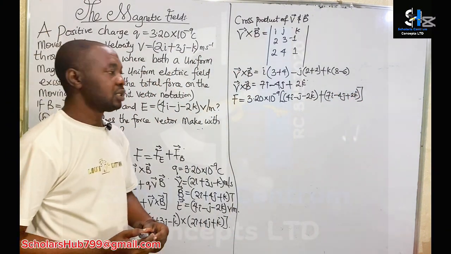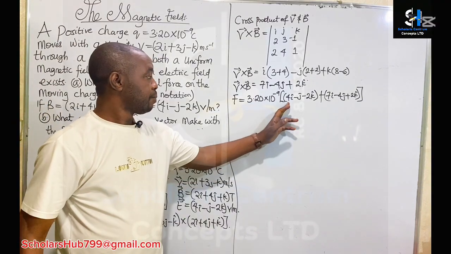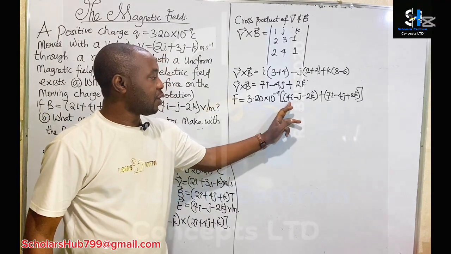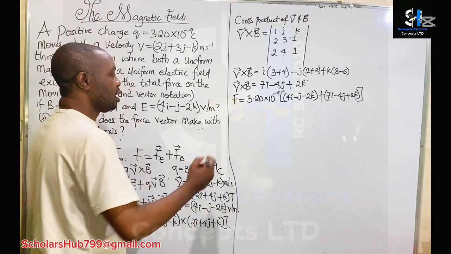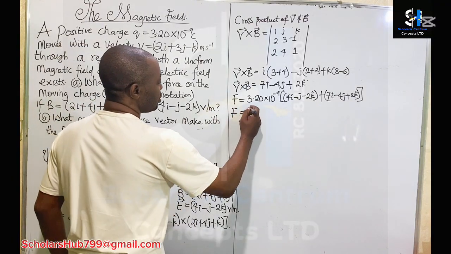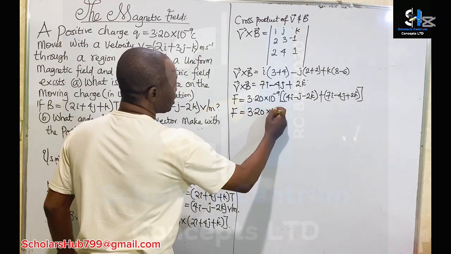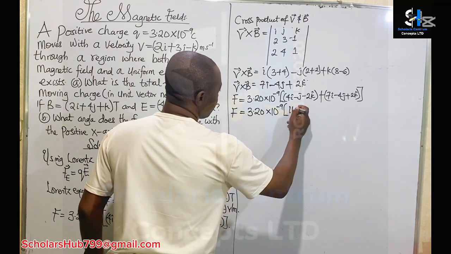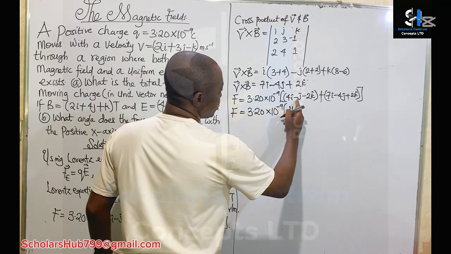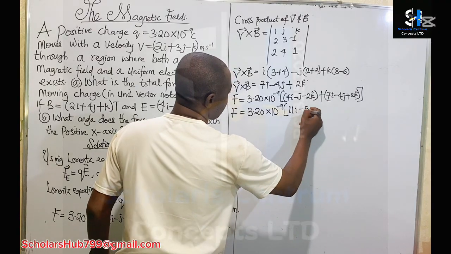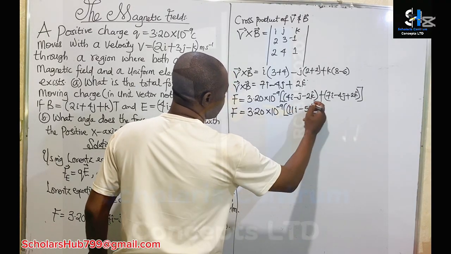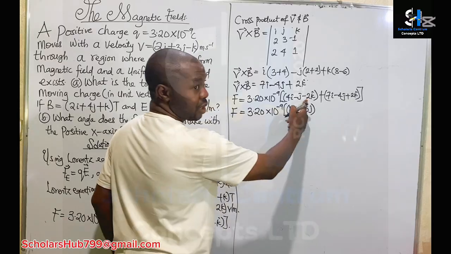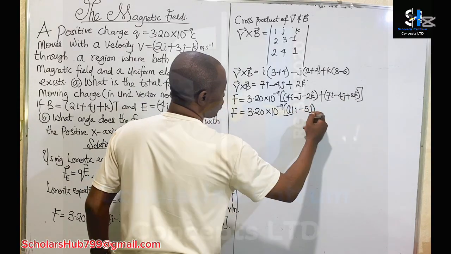So let's add the vectors in terms of their units. So we have 4i plus 7i, that will be 11i, minus j plus minus 4j, that will be negative 5j. Now negative 2k plus 2k, that will be 0.